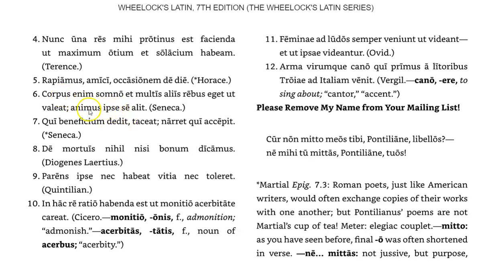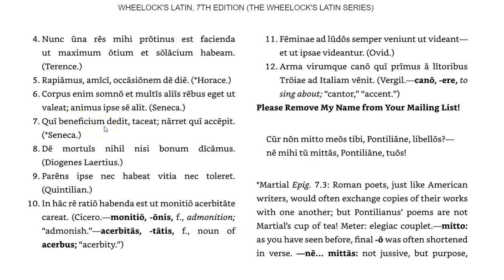Because it would be grammatically correct just to say animus se alit, so we wouldn't really need the ipse if not for rhetorical emphasis. So you can certainly, just as in English, use verbs in the subjunctive, but here we have a verb in the indicative. So we can mix moods in language, and here's a good example of that.